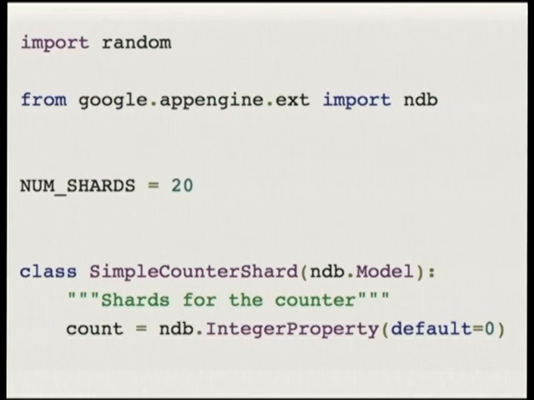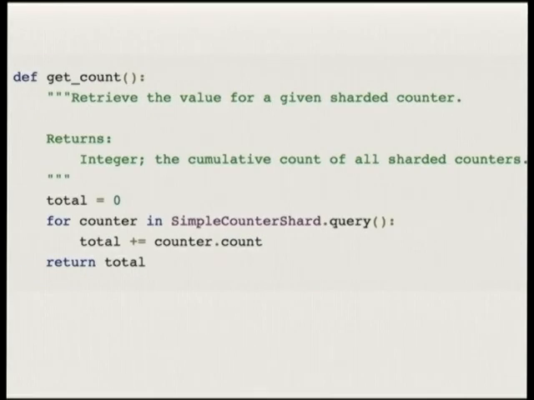So we have a simple shard. Sorry, I'm going to have to do this a little bit quickly, but we have 20 shards, which means each shard has a count. To read the value, to get the count, we just loop through all of the shards, add each one to the total, and return that.